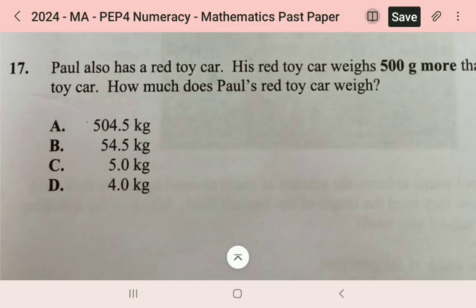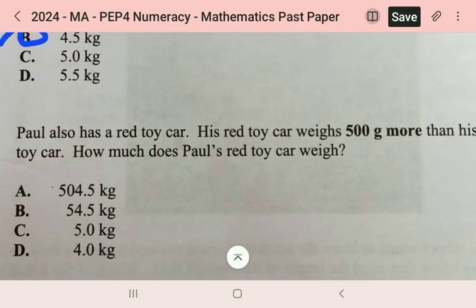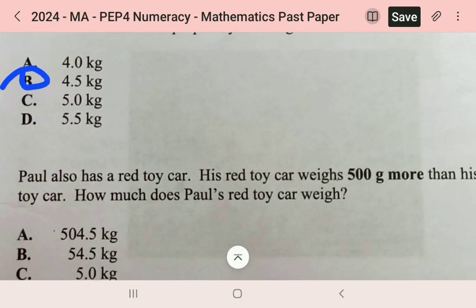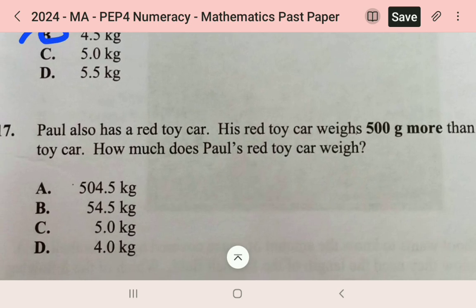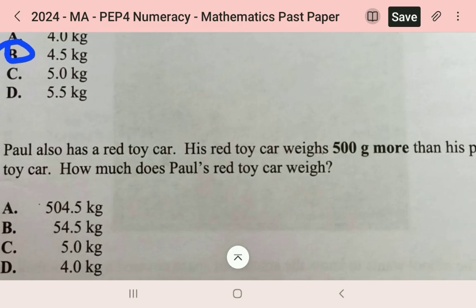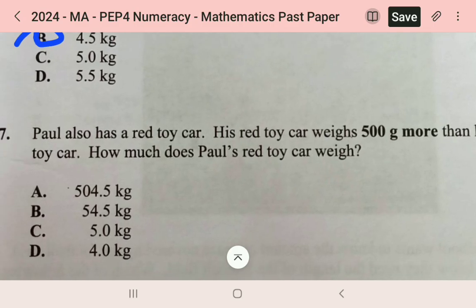So now this is asking you to do some conversion. You have to remember that it takes 1,000 grams to make 1 kilogram. So 500 grams would be 0.5 kilogram. Getting it? It's like halfway. So what is it asking again?